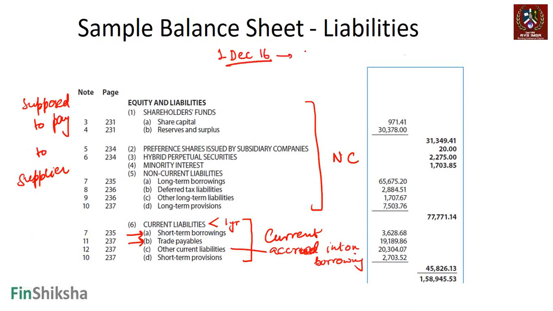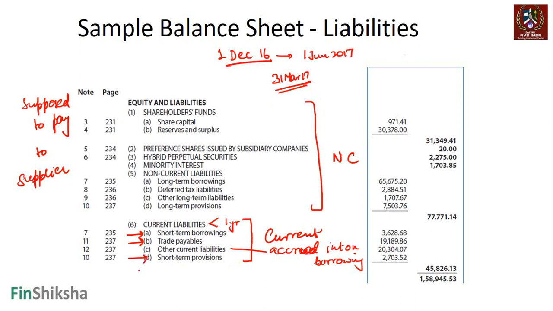So the interest only comes on somewhere around 1st of June 2017. If I'm making the balance sheet on 31st March of 2017, then technically we will realize that at this point of time this payment has not happened. So that's an accrued interest component, and that will be a part of the current liabilities, other current liabilities.